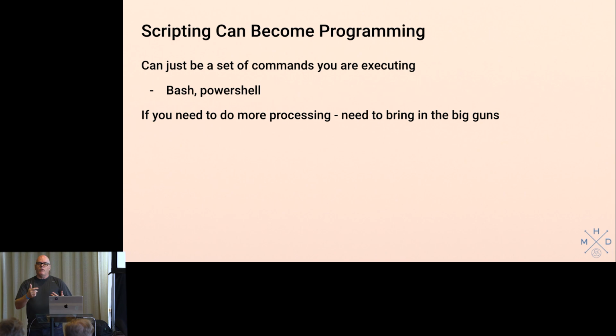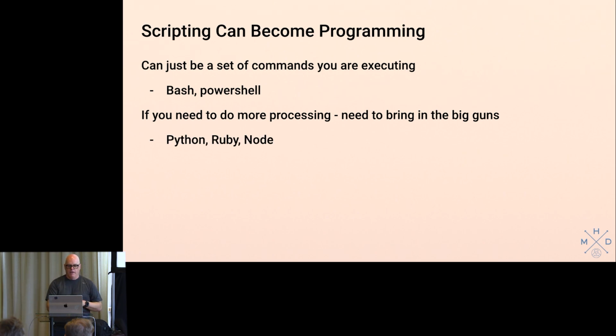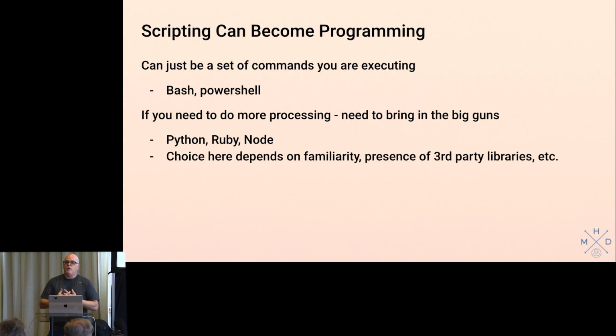So I could easily write a Python script that would take that and find all the fields that were changed by a particular user on a particular day, or what fields were updated in the last 2 days or something. I could write a script that would easily do that for me. So whatever scripting language you like: Python, Ruby, Node, Java, whatever you like. A lot of it depends on what you're familiar with, and whether there are third-party libraries that help you do things like JSON parsing and stuff. Most languages can do that.